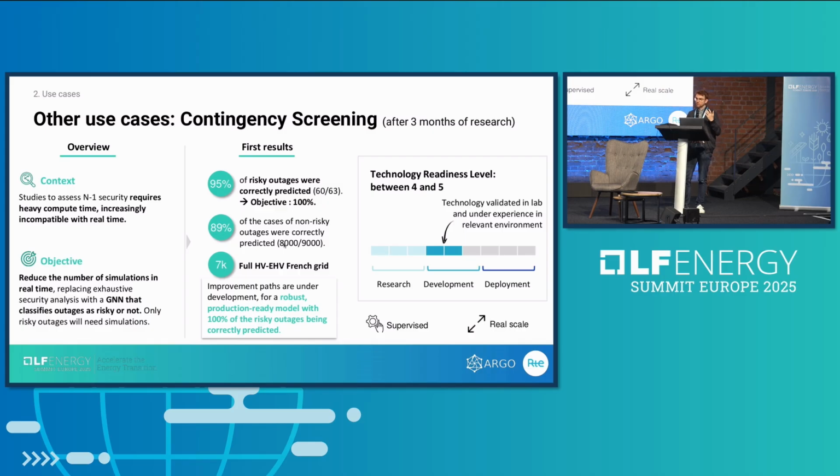But some improvements should be coming soon. In terms of technology readiness level, we are somewhere between 4 and 5, once again. Here, we are working in a supervised context. We already have some labeled data, and we are working on the full-scale system.